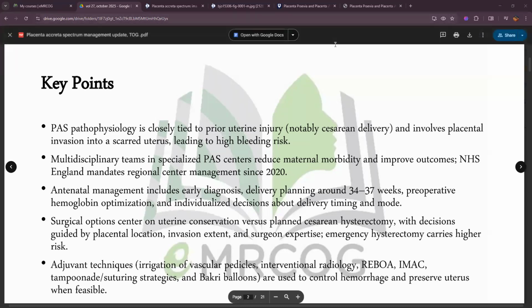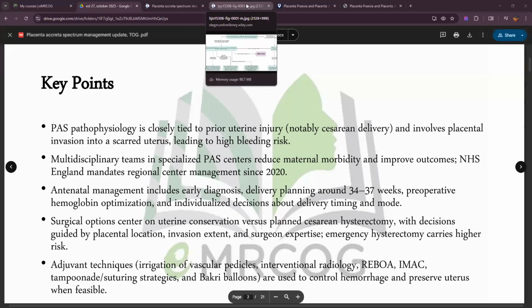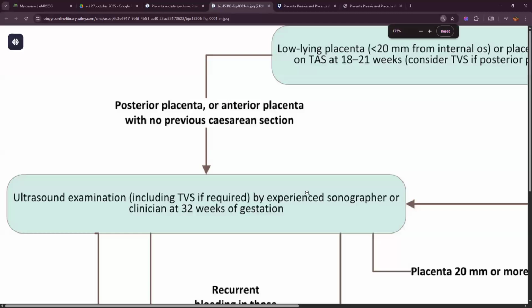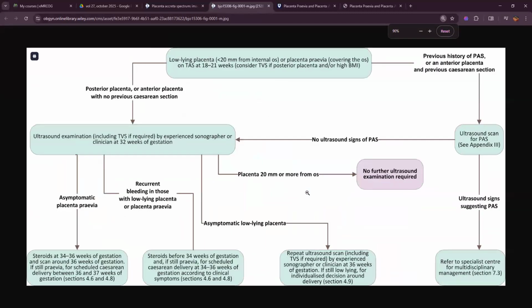And then when we discover this, we are going to tell our patient to come again for another ultrasound, right? This is a must. Those are the exam questions.